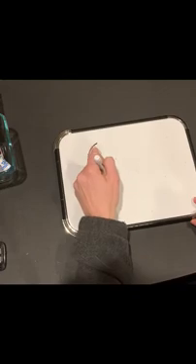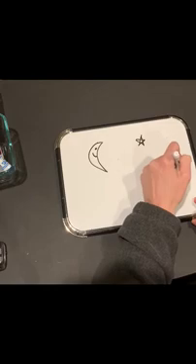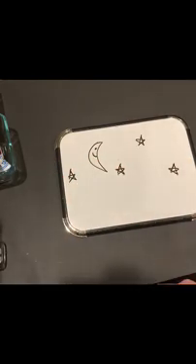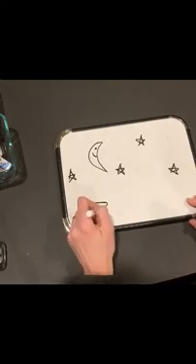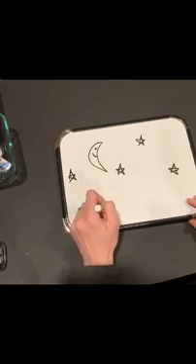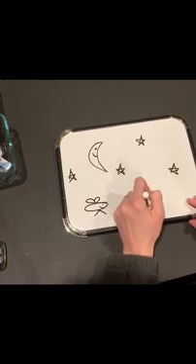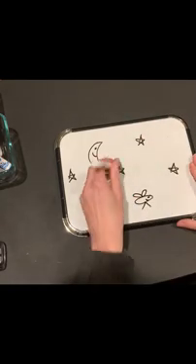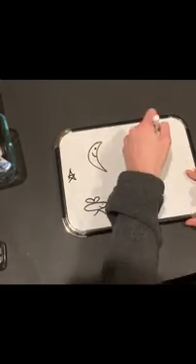I'm gonna make my moon and some stars and a couple bugs. And it's okay if you want to make some of these bigger so that they're easier for your child to find. Or maybe your child is still working on reaching toward a targeted area. And in that case, you could make them really big.